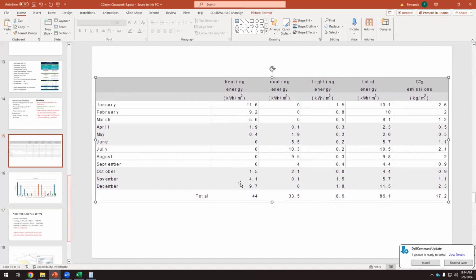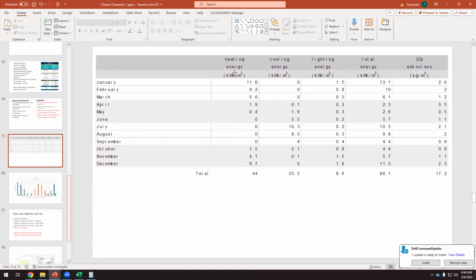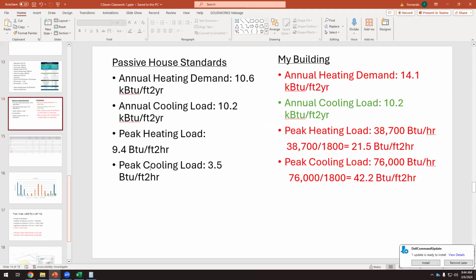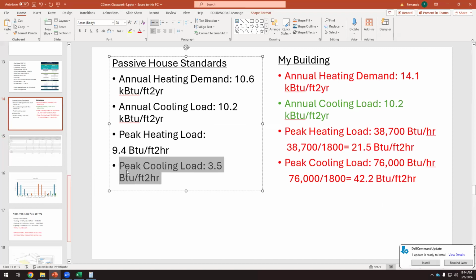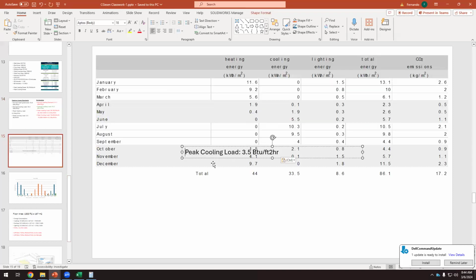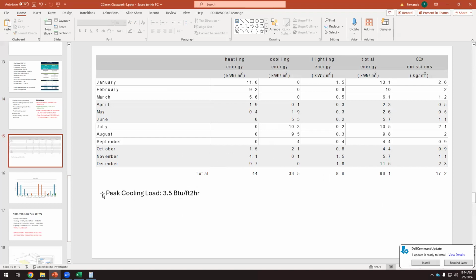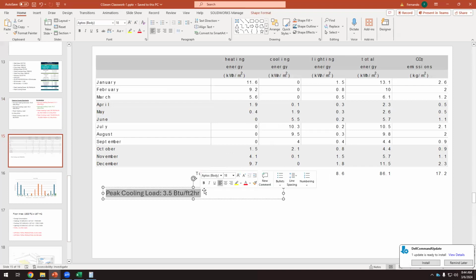Let's do it because I want to see this number. I know units are a pain in the neck, but we have to be careful. So what's the heating?